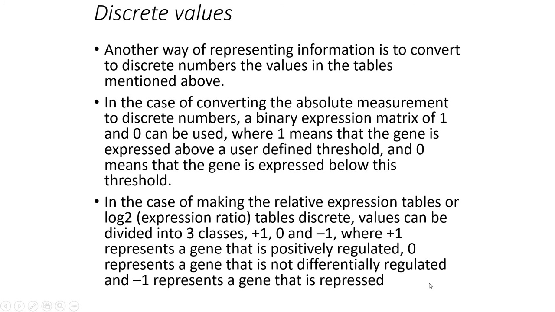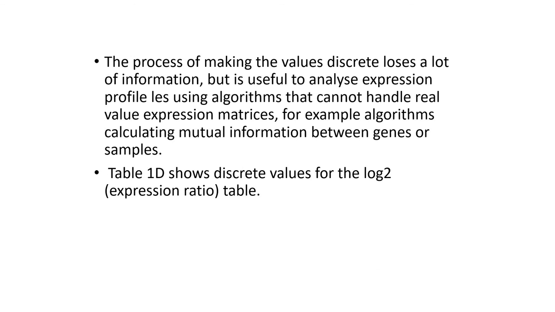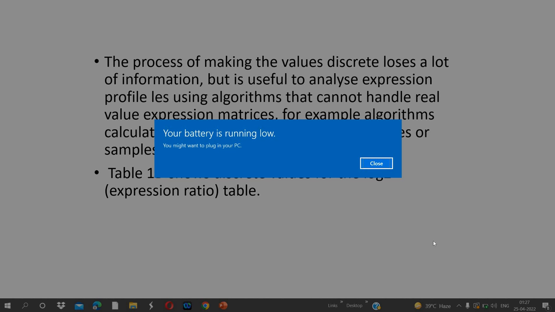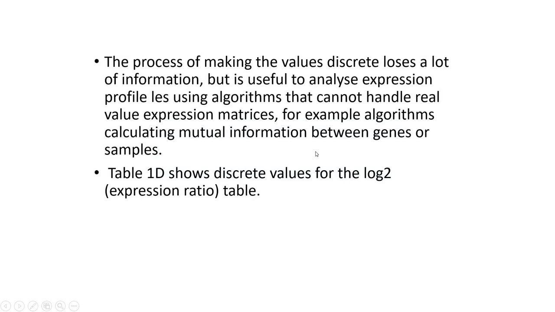The process of making the values discrete loses a lot of information, but this is useful to analyze expression profiles using algorithms that cannot handle a real value expression matrix, because it is very difficult to analyze the real expression values. There are some methods where we feel difficulty in the analysis of that data. So there it is very useful.